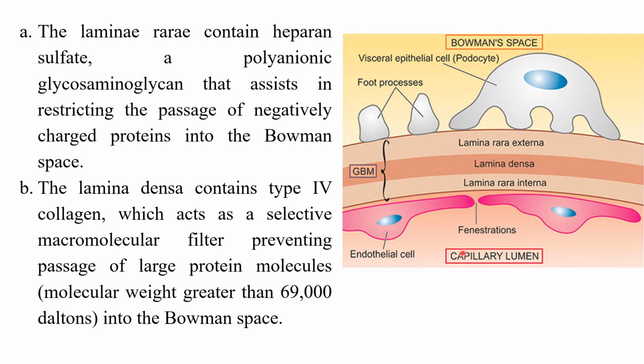Actually, those proteins and other substances will be present here in the capillary lumen, and they have to pass through this fenestrated endothelium and through the lamina rara and densa, then reach the Bowman space. So here the barrier acts as a major filter that will not allow the negatively charged proteins as well as the proteins having larger molecular weights.